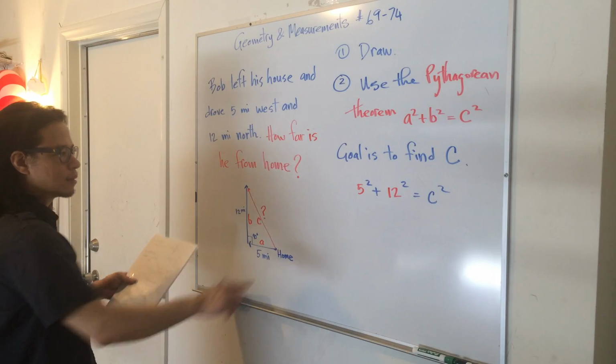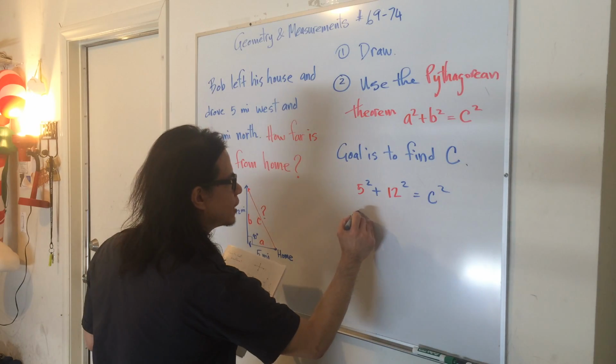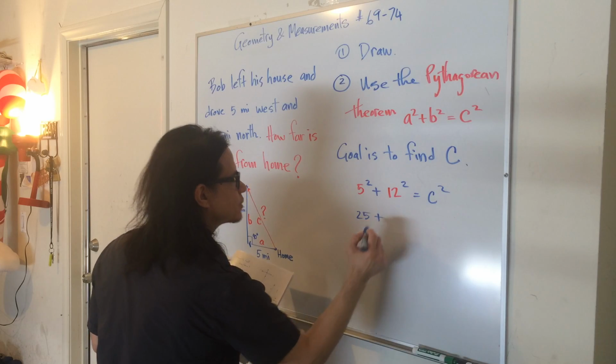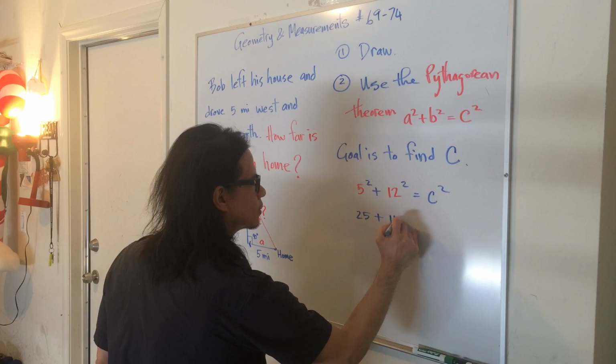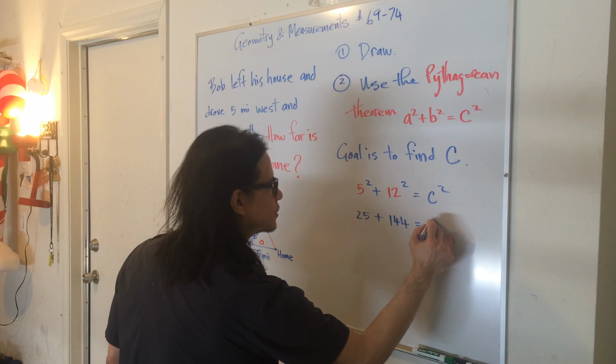Okay, so 5 squared is 5 times 5, plus 12 squared is 12 times 12, equals c squared.